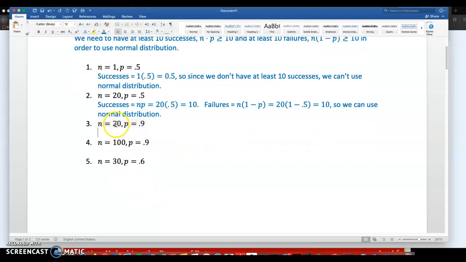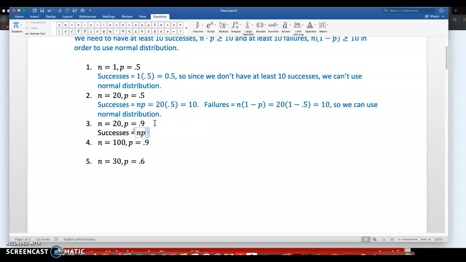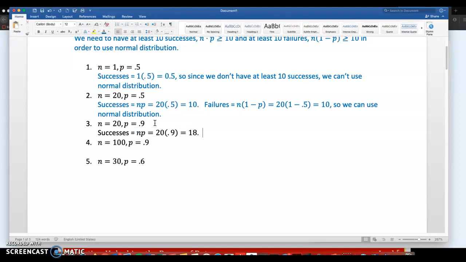All right, what if we take the same sample size of 20, but now a population proportion of 0.9? Successes in this case is n times p, that would be 20 times 0.9. Throw that in your calculator, that's going to be 18, which is good.